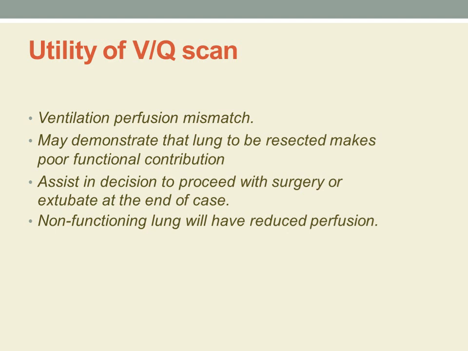It's quite useful because sometimes the lung being taken out already doesn't have much function, and it is a diseased lung, like in tuberculosis, big tumor, big abscess, or whatever the reason. So with the perfusion scan, we get an idea of the hypoxic vasoconstriction, and that the lung is not doing very much.